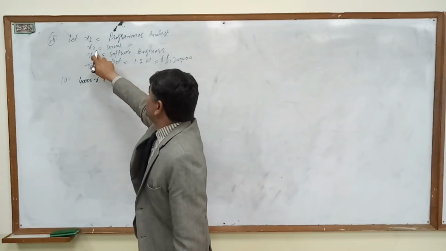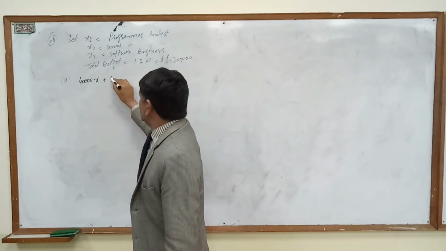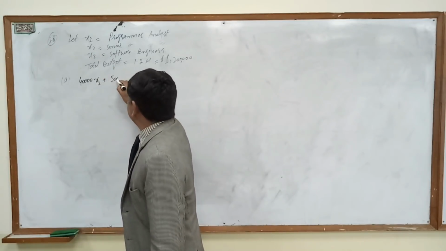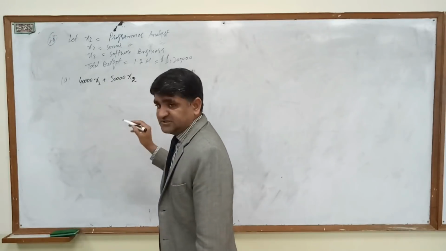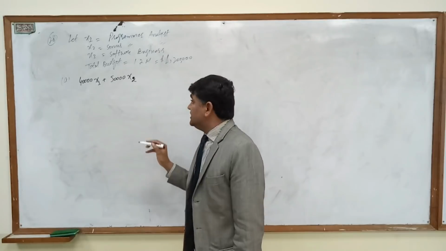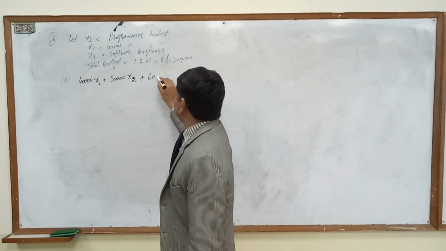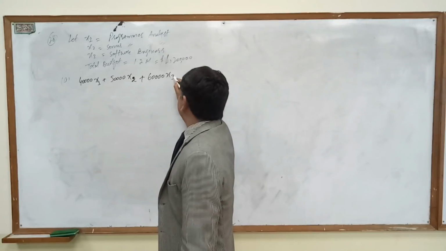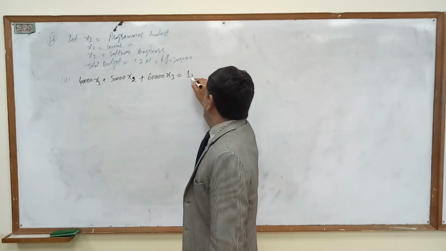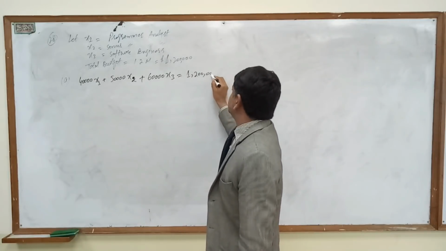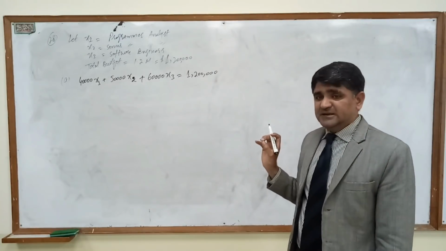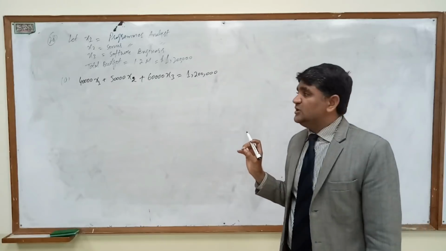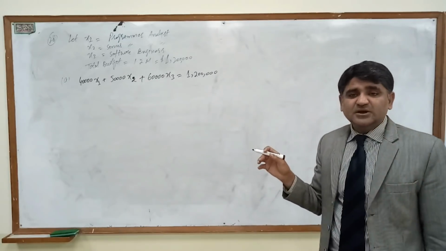Then the coefficient of X2 will be 50,000. This information is given in the question. Clear, students? Then 60,000 X3 is equal to 1.2 million. In this case, we simply determine the function based on the given scenario.